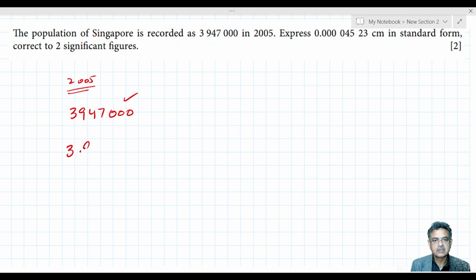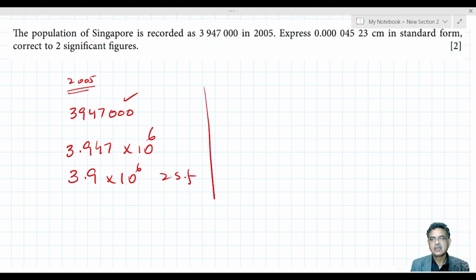This one will be 3.947 multiplied by 10 to the power 1, 2, 3, 4, 5, 6. So in two significant figures, it will be only this one, 2 significant figures. And on the other hand, this is the number 4523.